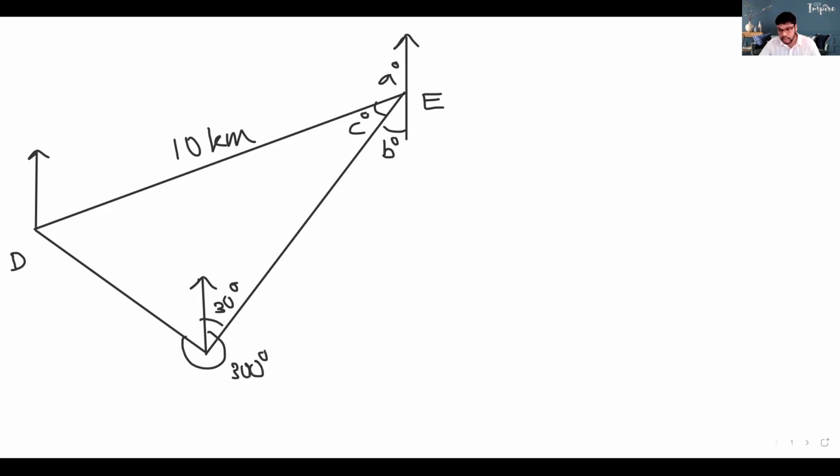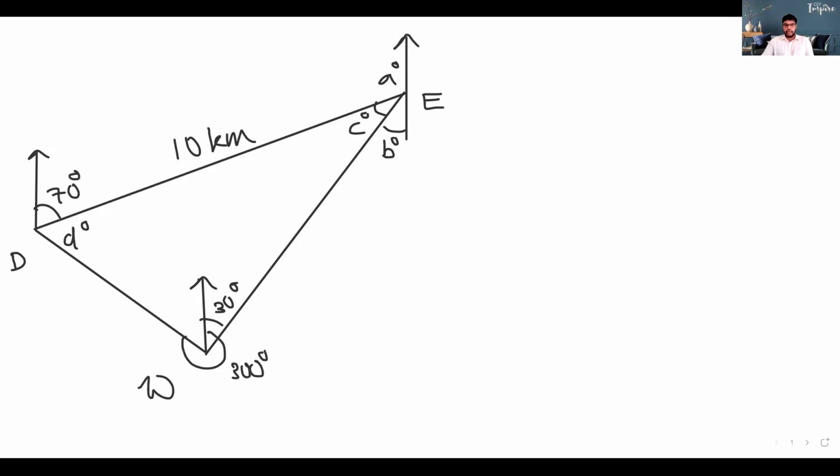This is W. D and 70. So this is the diagram.